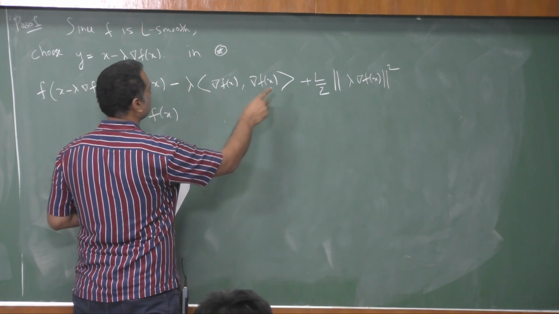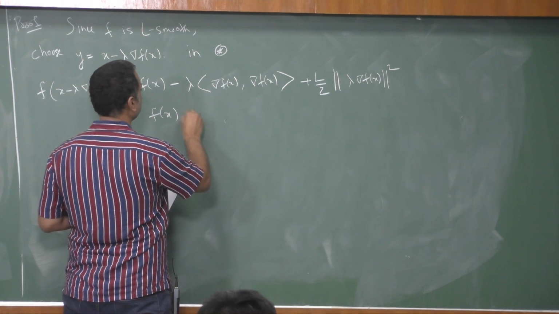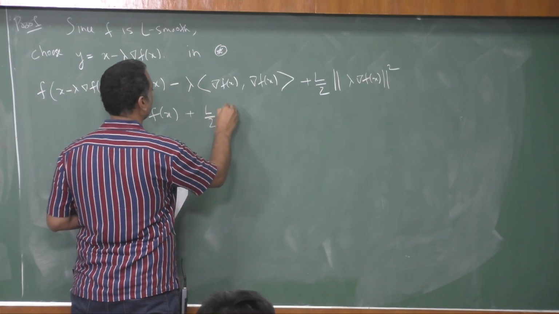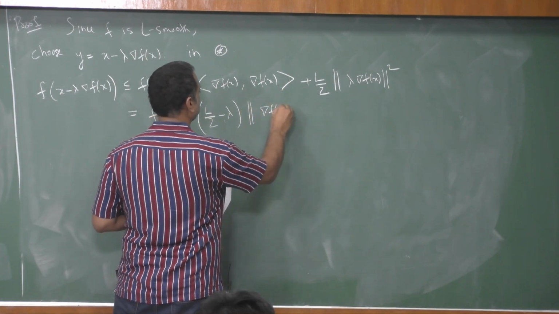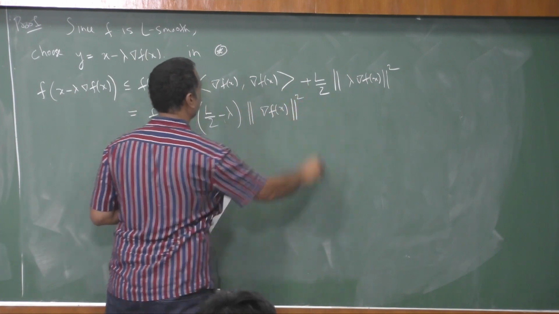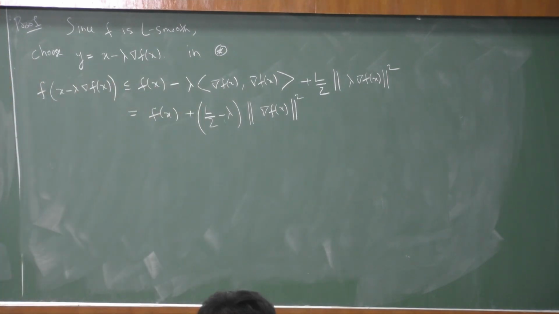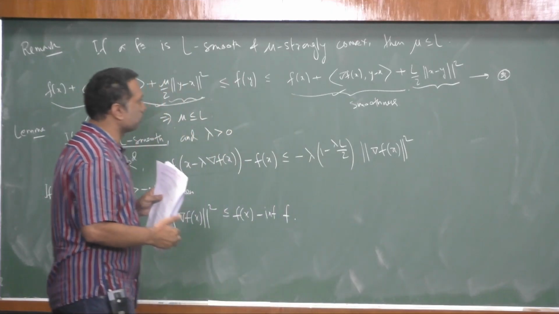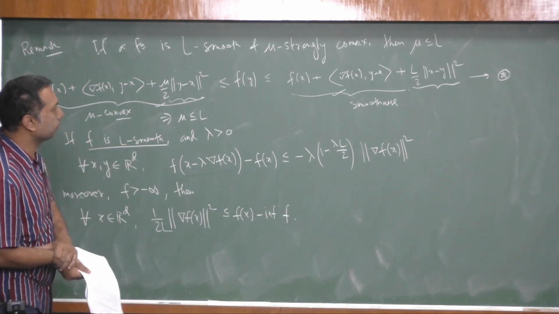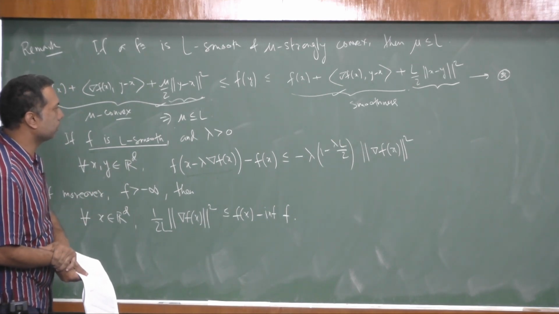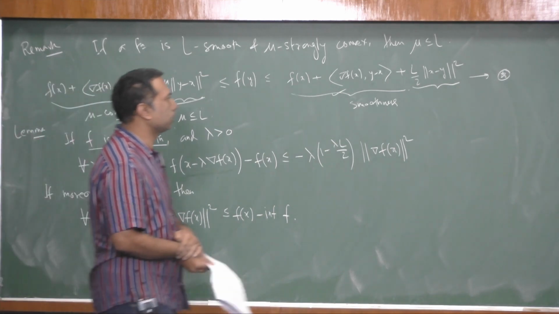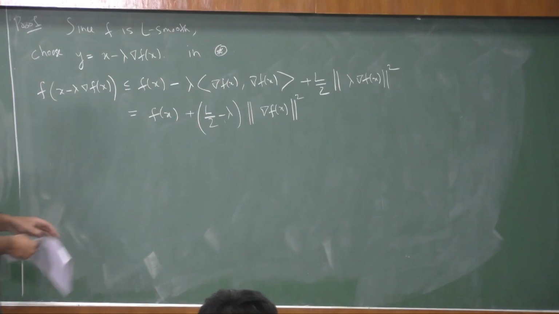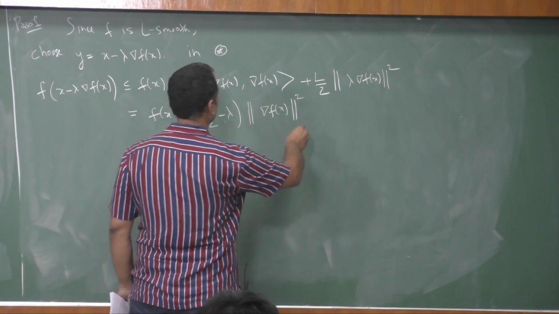So this is L by 2 minus lambda. So I take common, right? L by 2 minus lambda, and this is norm grad f(x) squared. And this was the thing we were supposed to prove, I believe. Yeah, we do the rearranging thing, but there was one lambda L here also, right?